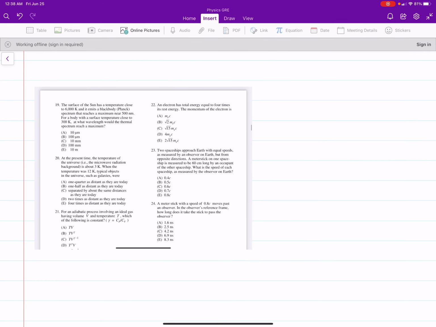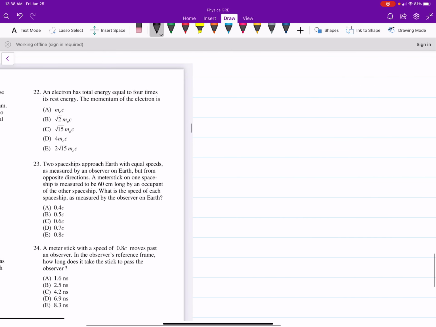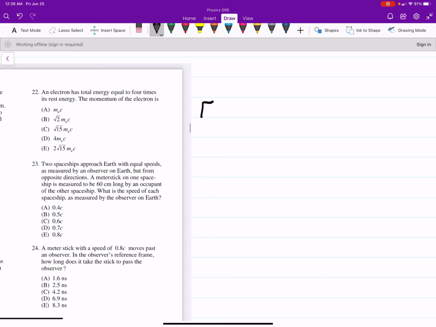The equation we're going to use is E squared equals (mc squared) squared plus (pc) squared.